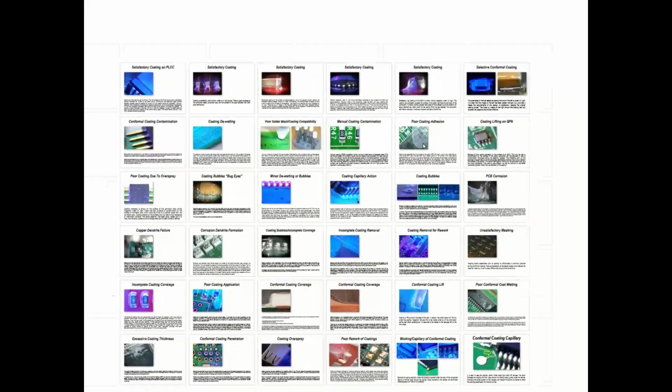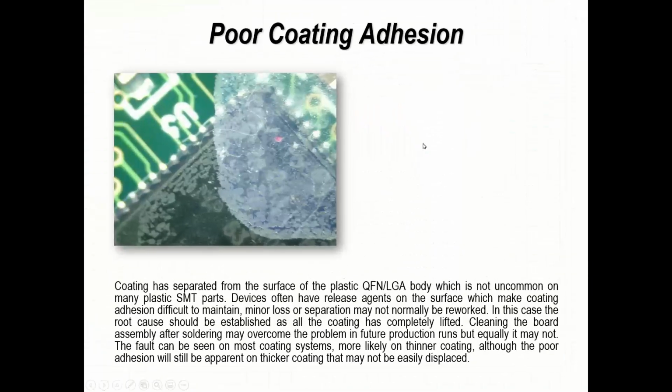Now, poor adhesion is something that we do suffer on components as well as the solder mask. So this is a good example of poor adhesion. Now, there is a way of overcoming this, and you've got to decide whether that's a necessity for you.